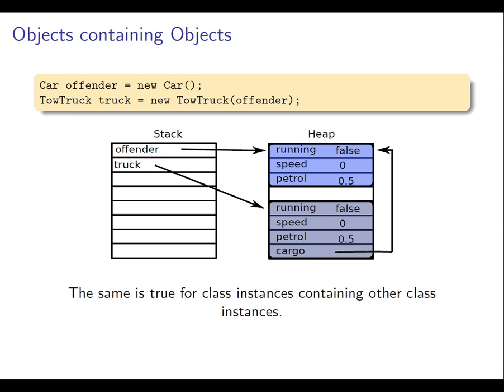Here's another example. We can have on the stack 2 variables, offender and truck, of type Car and TowTruck respectively, and they point at different objects, and we can set it up like this.